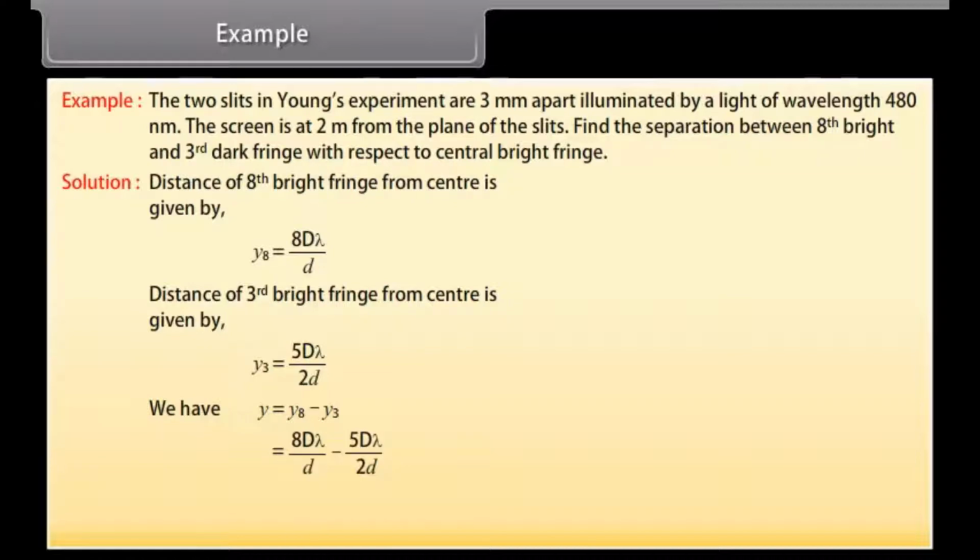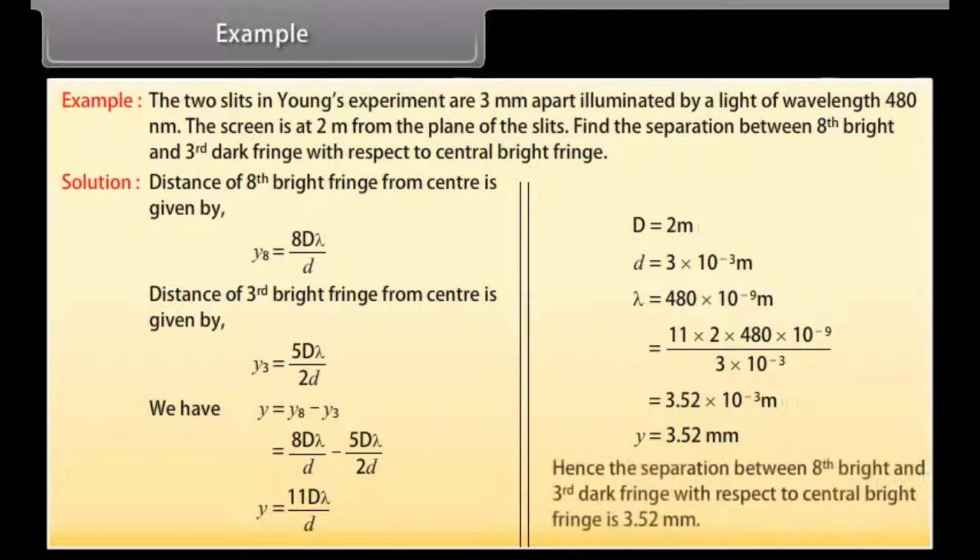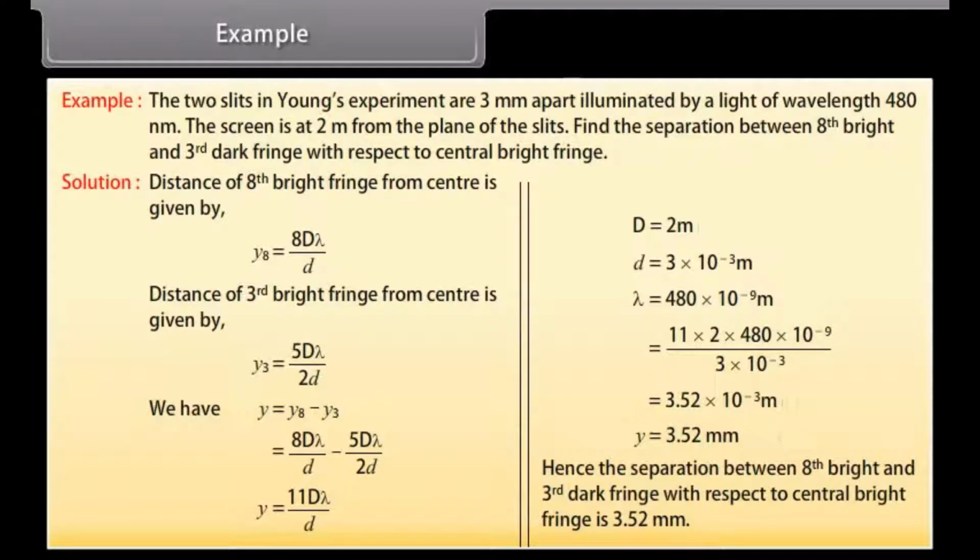By putting the values and calculating, we get y is equal to 11 capital D lambda upon small d. Putting the values in the above equation and calculating, we get the value of y is equal to 3.52 millimeter. Hence, the separation between 8th bright and 3rd dark fringe with respect to central bright fringe is 3.52 millimeter.